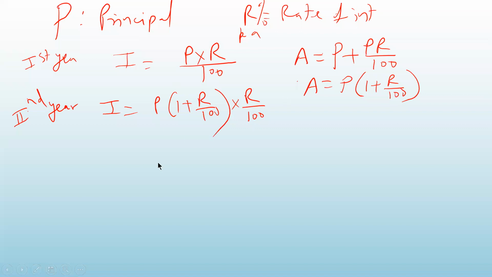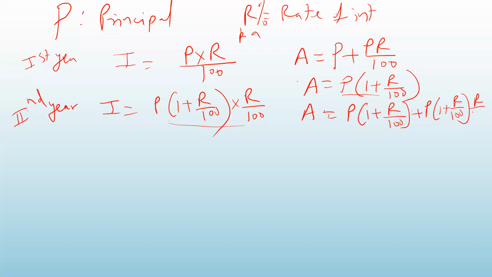So what will be the amount in the second year? The amount in the second year will be principal plus interest. What was the principal? This was the principal, no? In this amount of the first year, you will add the interest. Means this you will add: P into 1 plus R upon 100 into R upon 100.